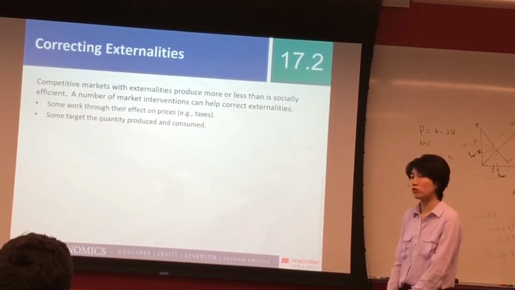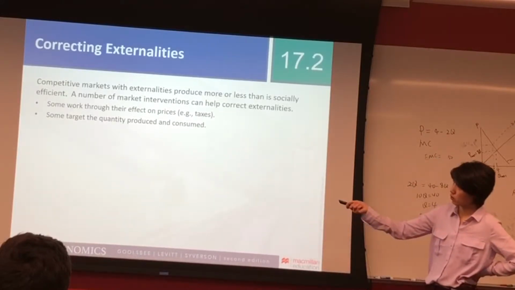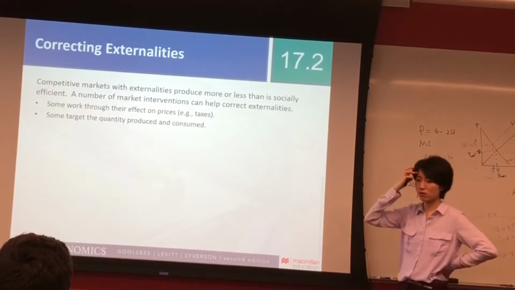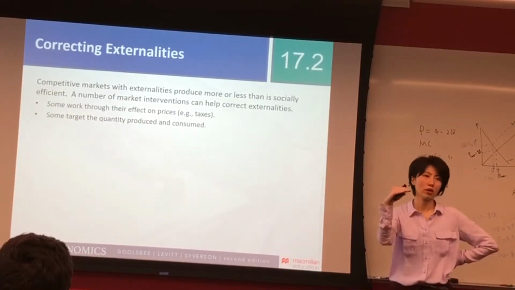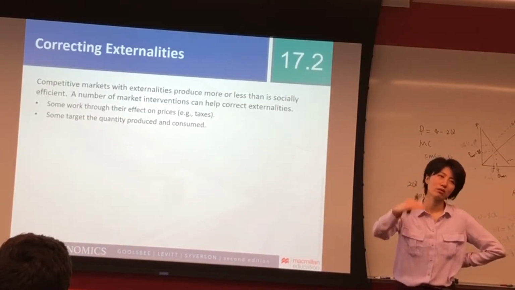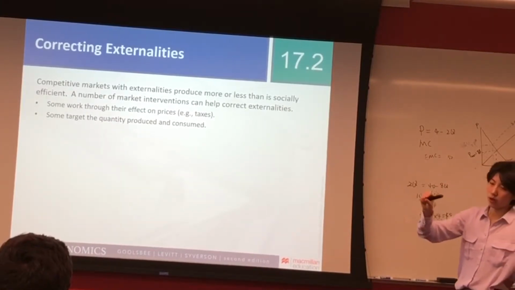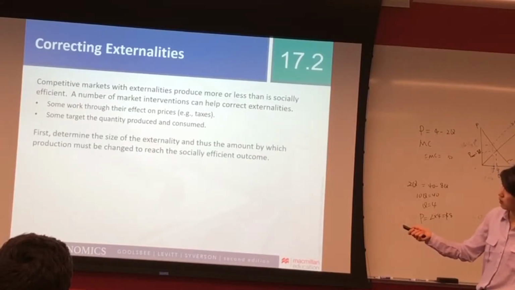The second way targets the quantity produced and consumed. That means the government can say, hey sellers, you cannot produce more than this amount, a quota, or you cannot produce less than that. There are two ways: working on the price, and targeting the quantity.